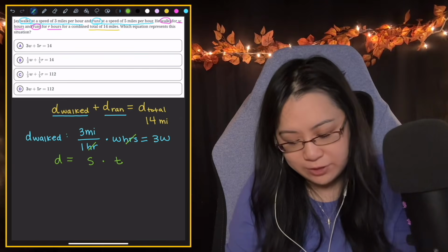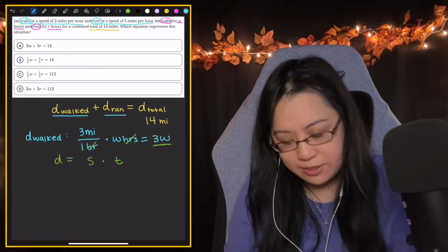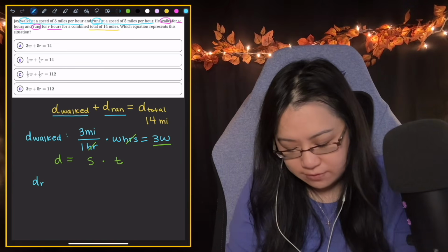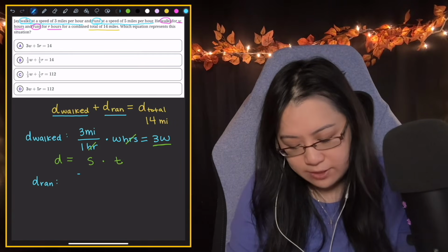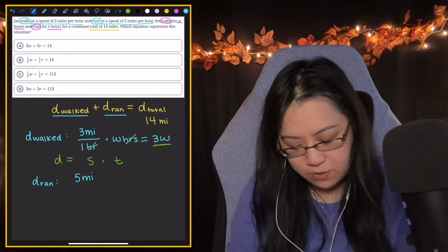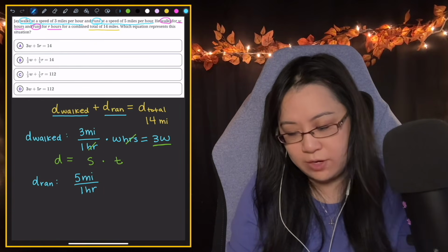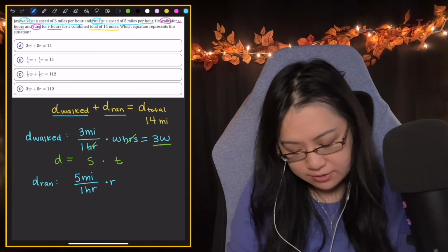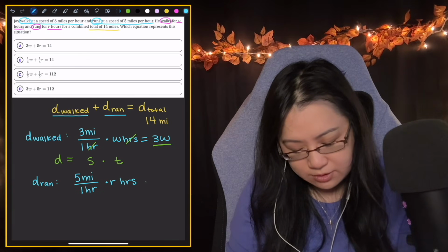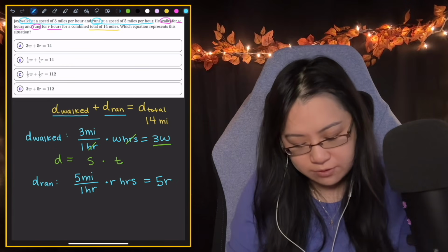So we have 3w for distance walked, and then for distance ran, we do the same thing. His speed is 5 miles for every 1 hour. And so if he runs for r hours, that means that he would have run 5r miles.